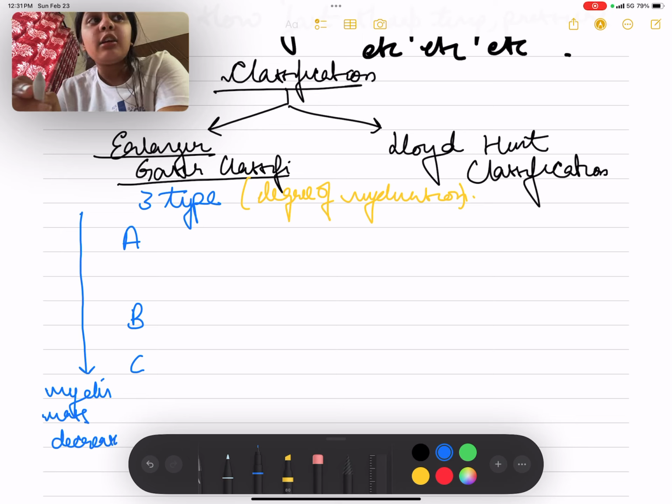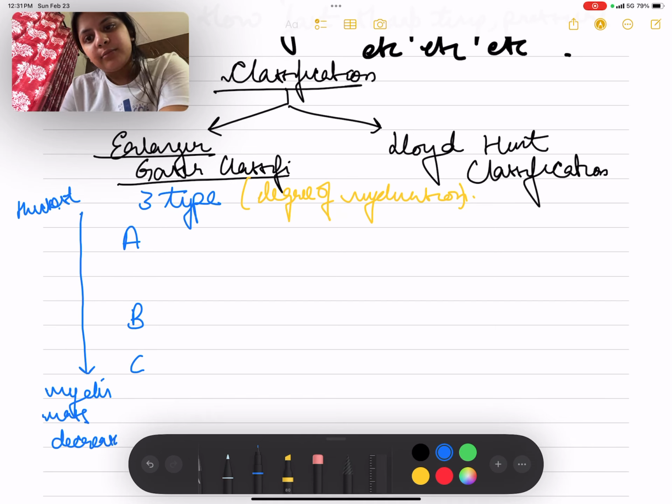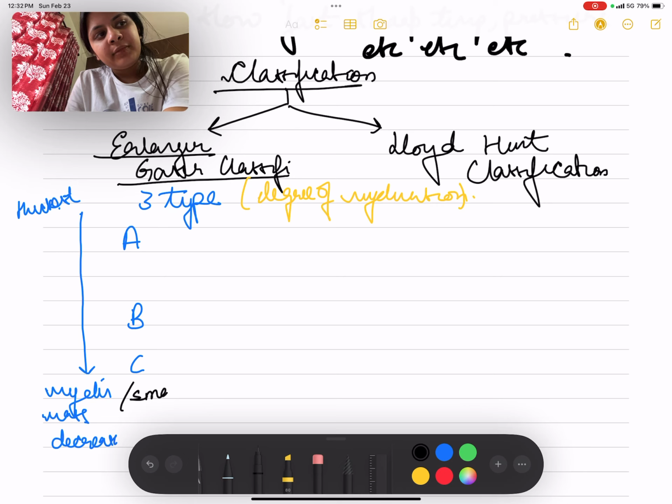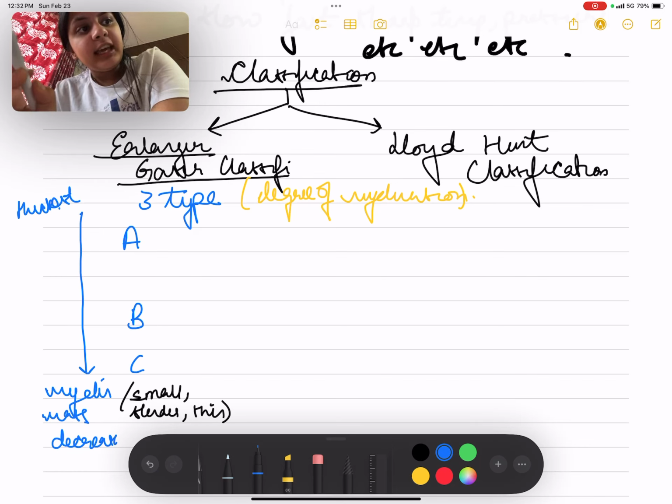The A fibers are the thickest and the C fibers are small, slender and thin.